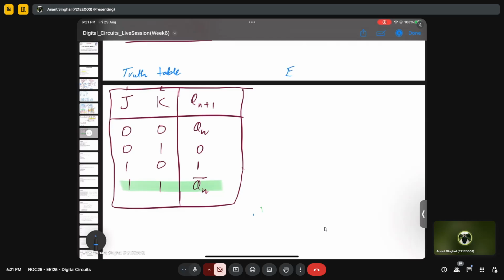So if I want to make, not the excitation, but the characteristic table quickly, what I'll be having is Qn as an additional input and Qn plus 1 as the final output. So please again help me out and let me know the answers quickly. What will be the output of the corresponding cases?